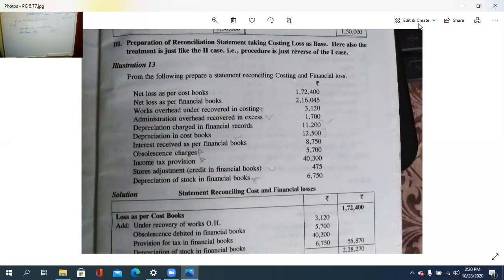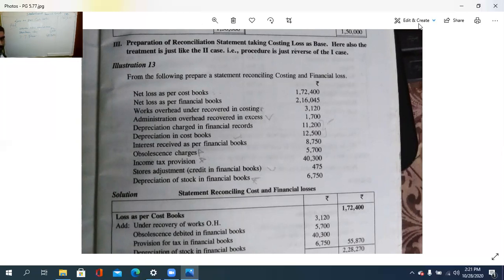Then income tax provision, an expenditure item. For profit as per cost books, income generated is to be added and expenses created are to be deducted in the financial books. Income tax provision in financial books is 40,300. That is to be added.